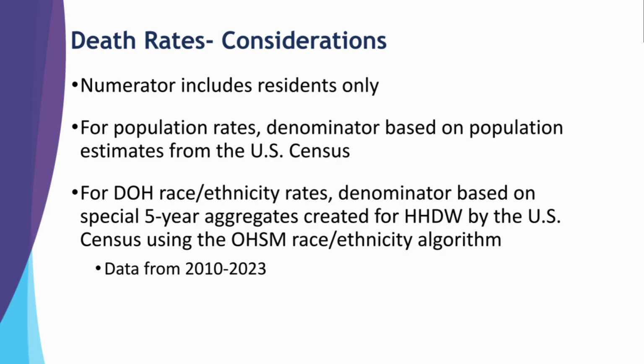For the DOH race ethnicity rates, the denominator is based on a special 5-year aggregate report that's created for HHDW by the census using the Office of Health Status Monitoring race ethnicity algorithm. We have obtained these special aggregate reports beginning in 2010. So when you look at the death rates by DOH race ethnicity, you'll notice that they're only available from 2010 forward.